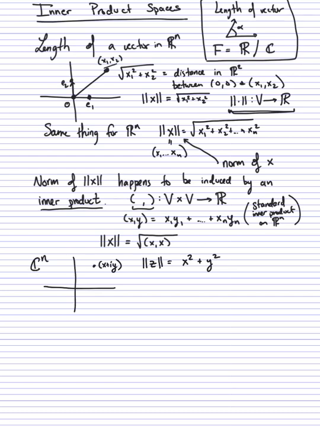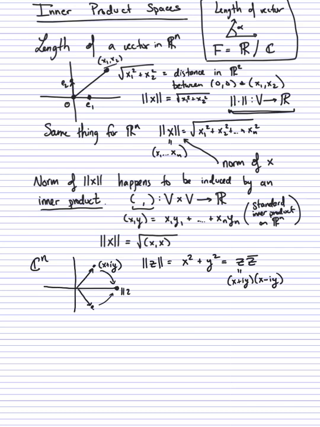This also happens to be equal to z times z conjugate, which is x plus iy times x minus iy. You multiply these two complex numbers, and you'll get the real number here.